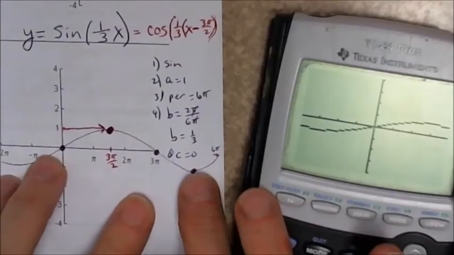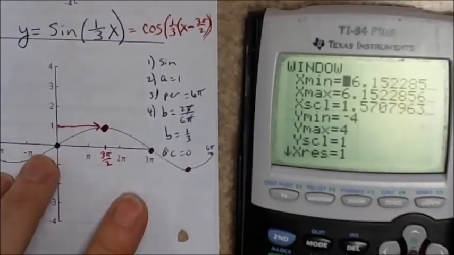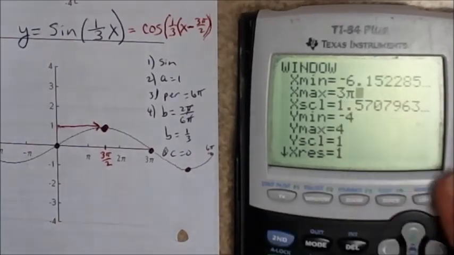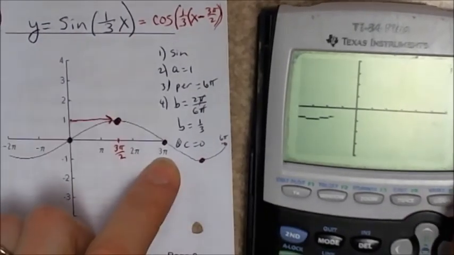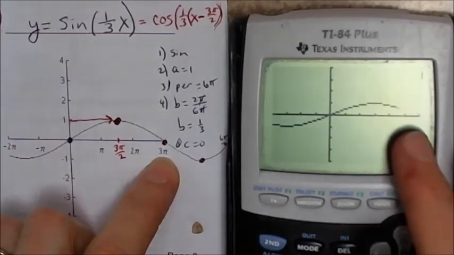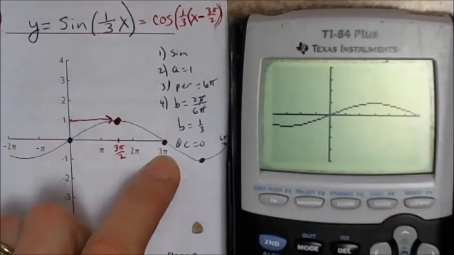Well, our original graph went out to 3 pi, so if we wanted to change our window, our x max, we should probably put 3 pi, so it actually goes out as far as what this graph shows. So here we go all the way out to 3 pi. That's where it hits the x-axis.